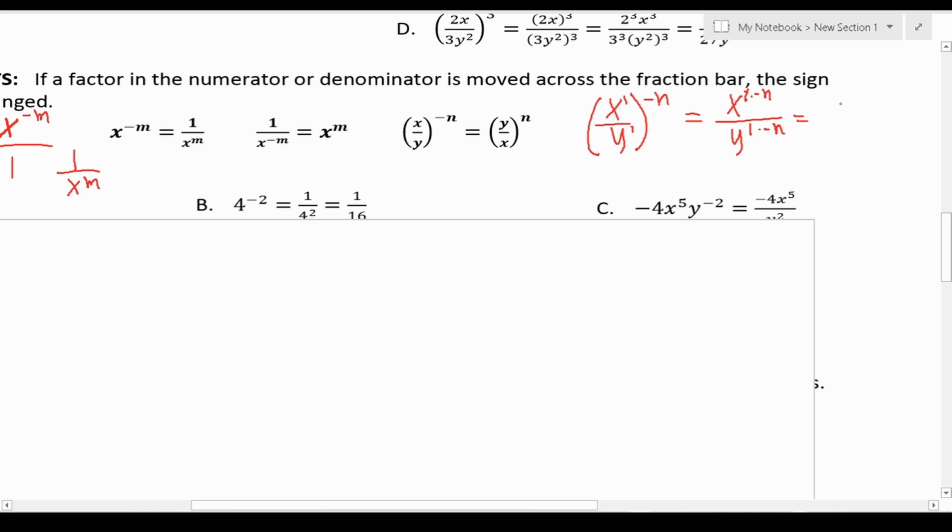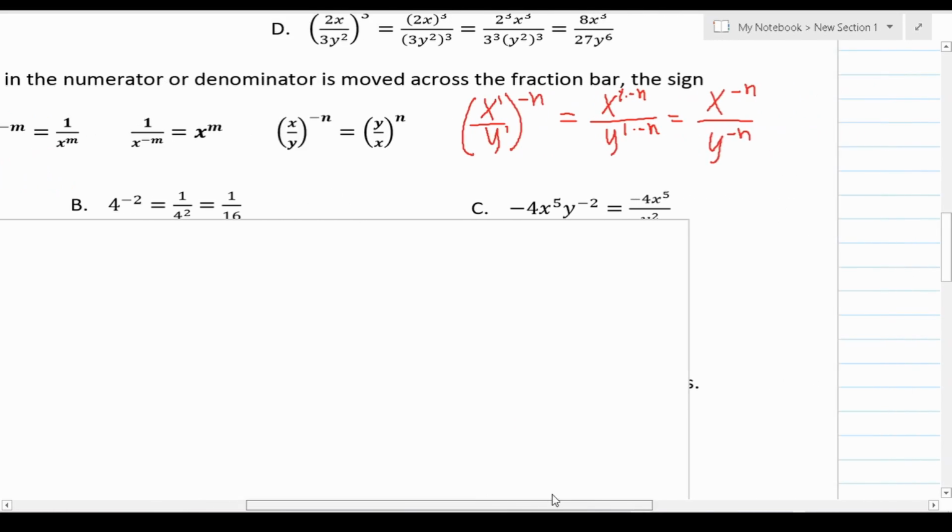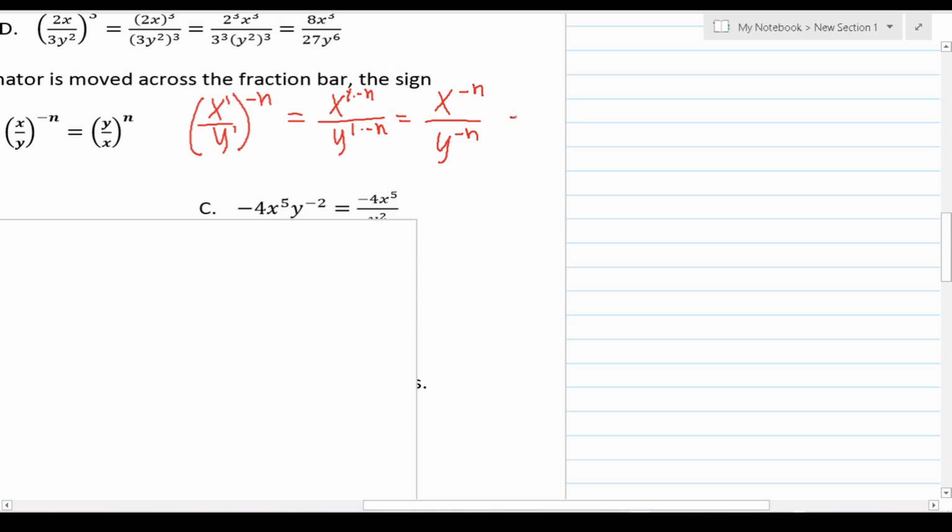So this becomes x to the negative n over y to the negative n. And as I mentioned, you cannot leave negative exponents in your work. So in light of that, this negative is just going to shift this x across the fraction bar where it's going to be positive. So that's going to be x to the n.